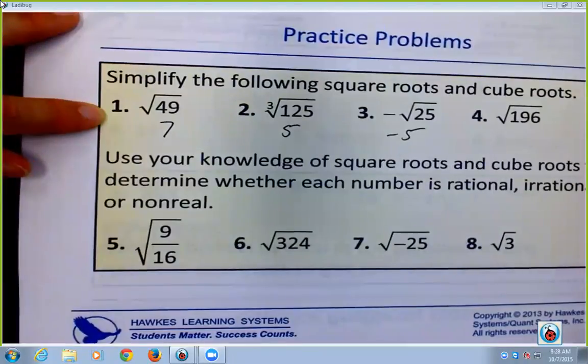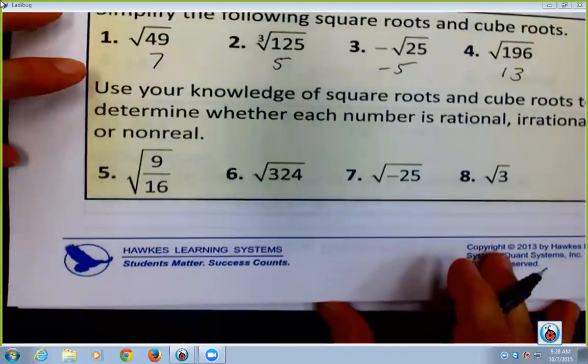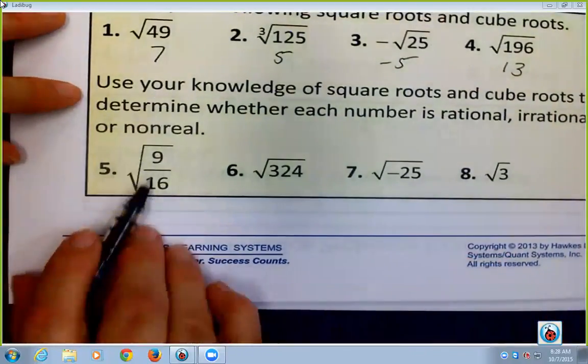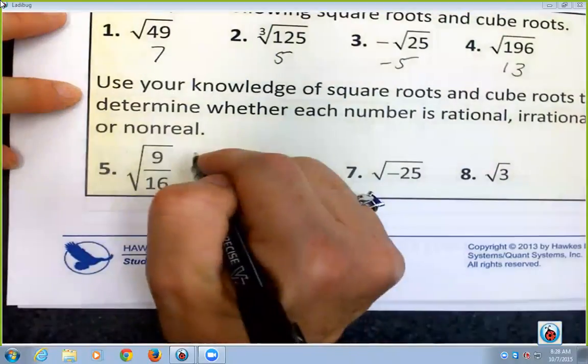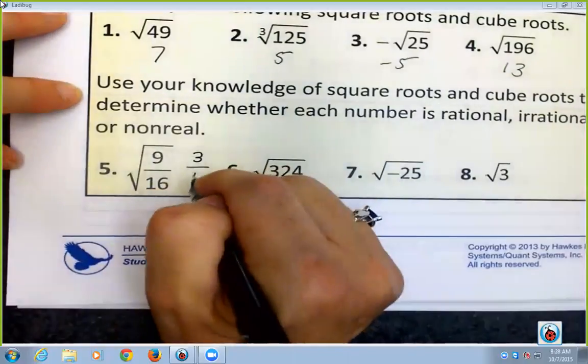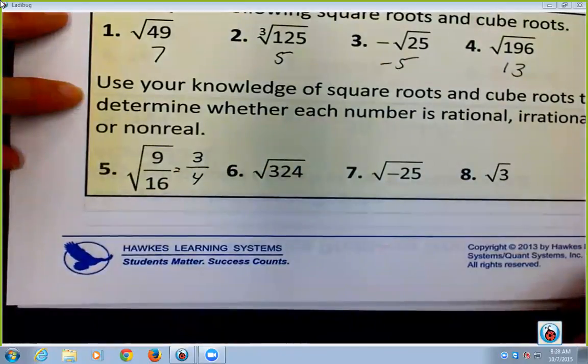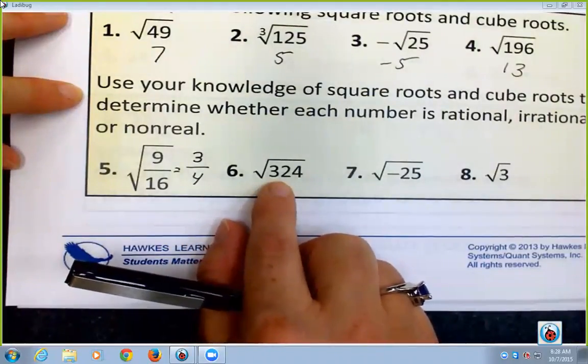And square root of 196. And again, you can stick it on your calculator and pop it right up, and it will be 13. Then, number 5 down here is a fraction. But within this fraction, 9 is a perfect square, which is 3. 16 is a perfect square, and so you get 3 over 4. How about the square root of 324?